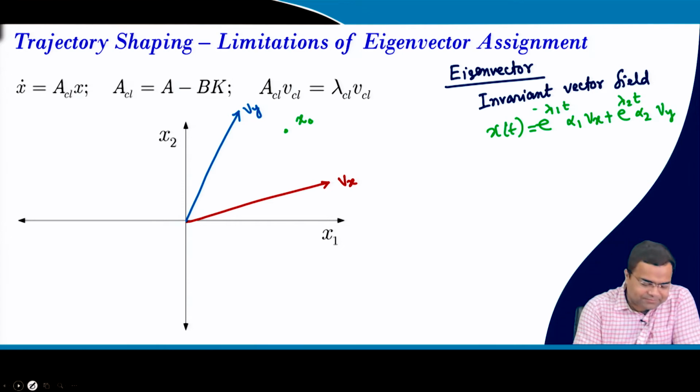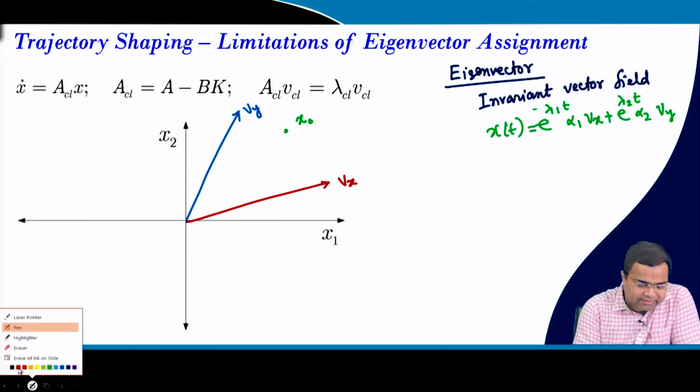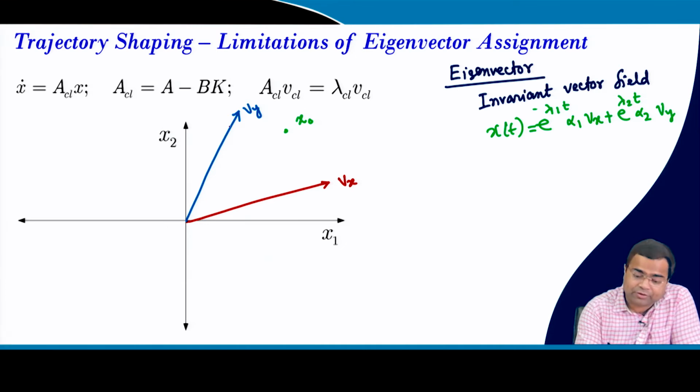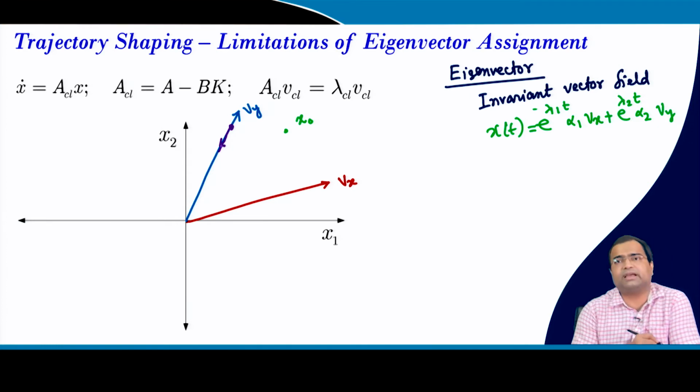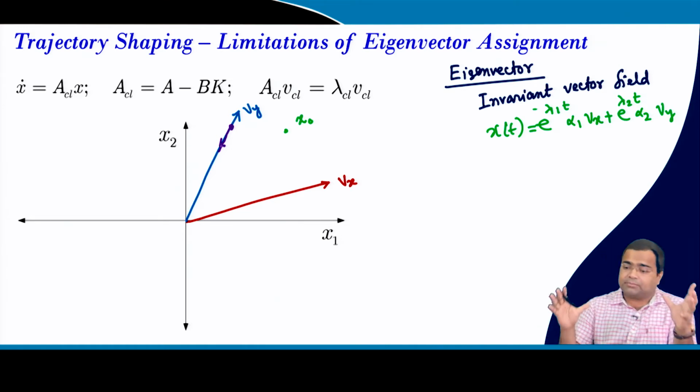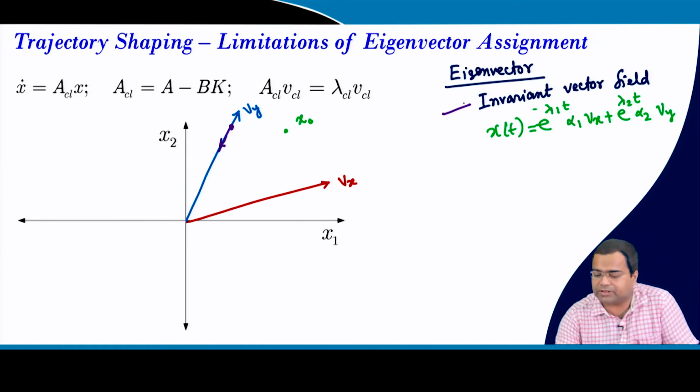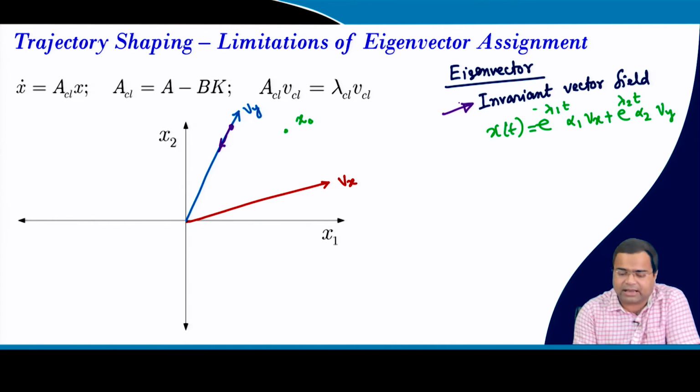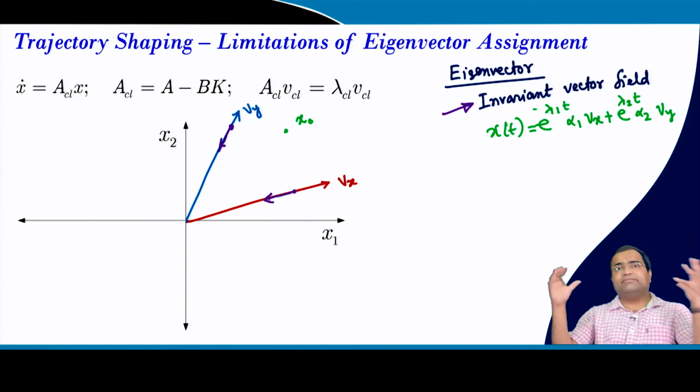The second thing, we know that if we choose a point on a stable eigenvector, then the trajectory will move along this line and will not go out of the line, because of the invariant property. Similarly, if we choose an initial condition on the other eigenvector, the trajectory will move along that eigenvector.